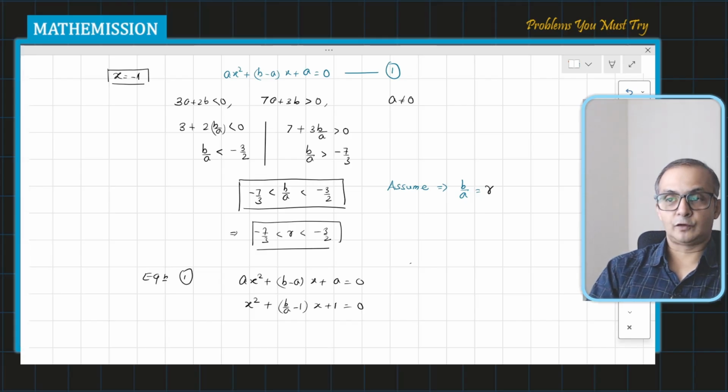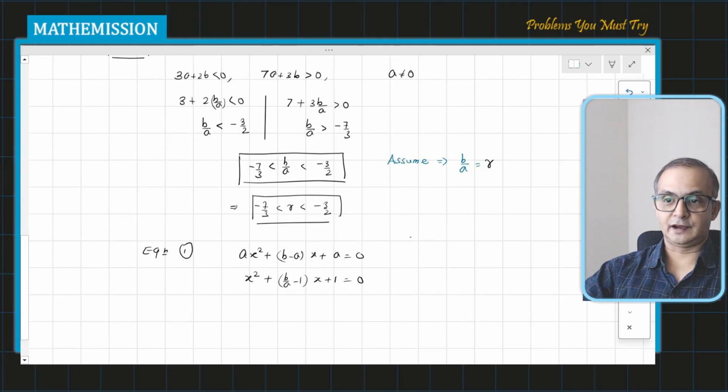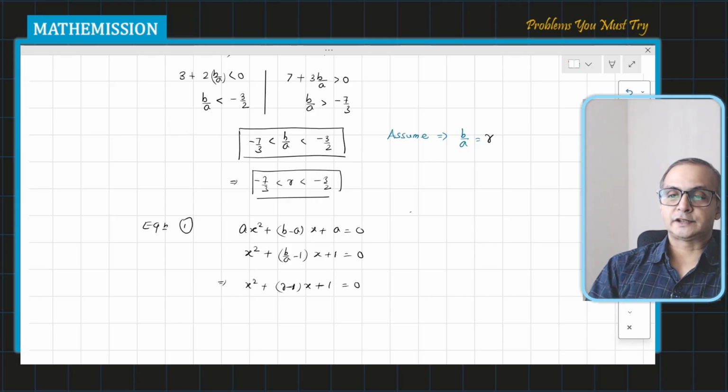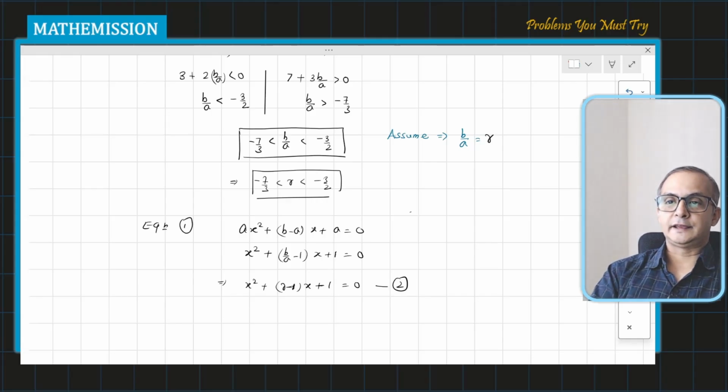But b by a you already assumed as r. So we substitute r here, and we get x squared plus r minus 1 times x plus 1 is equal to 0. Now this is the second equation, and here r is given between negative 7 by 3 and negative 3 by 2.